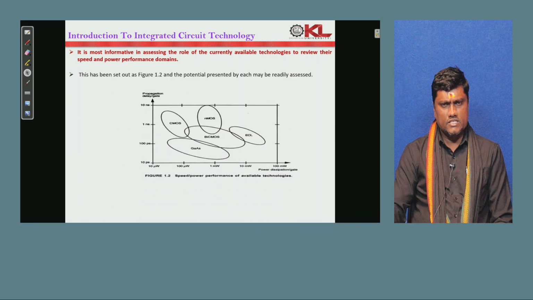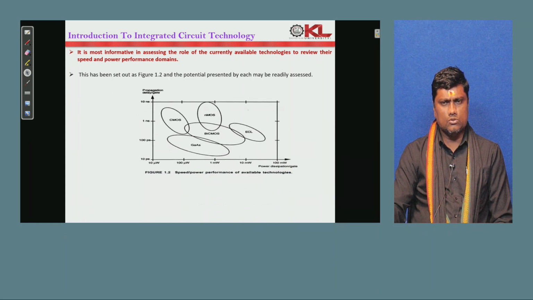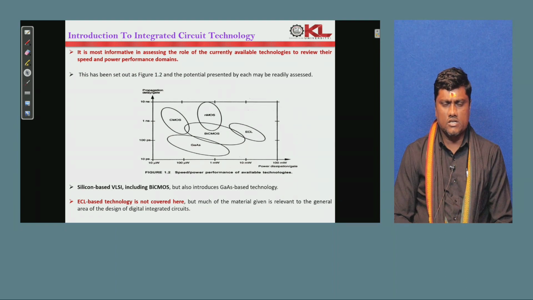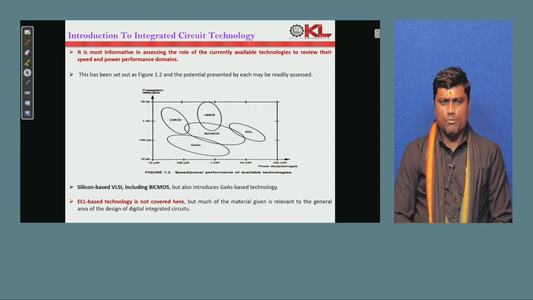So there are currently available technologies to review with their different parameters, especially speed and power performance. The graph shows the speed or power performance of technologies like CMOS, gallium arsenide, NMOS, BiCMOS and ECL technology, with the propagation delay of the gate shown on the y-axis.